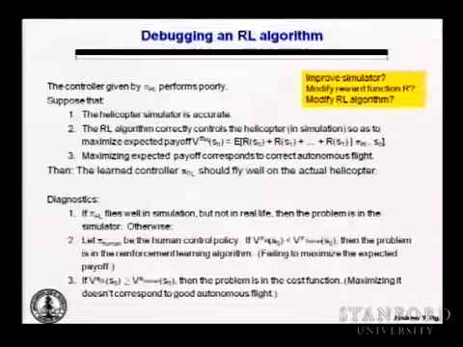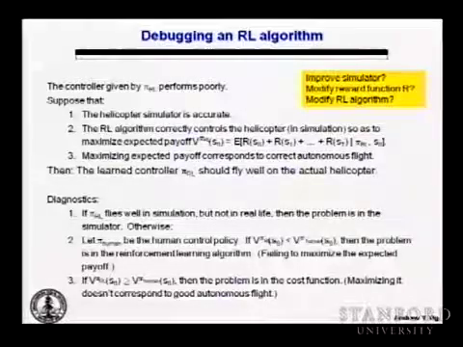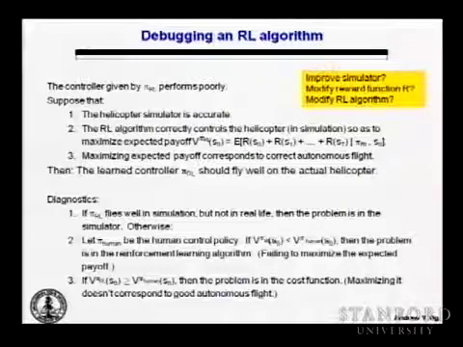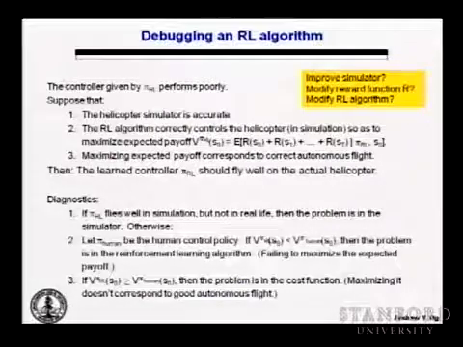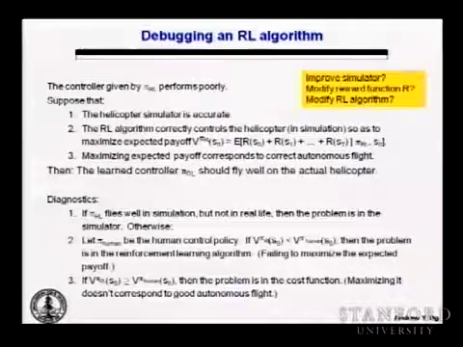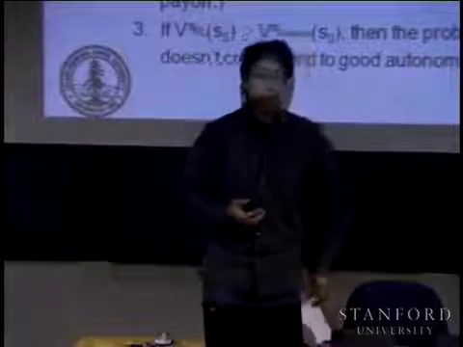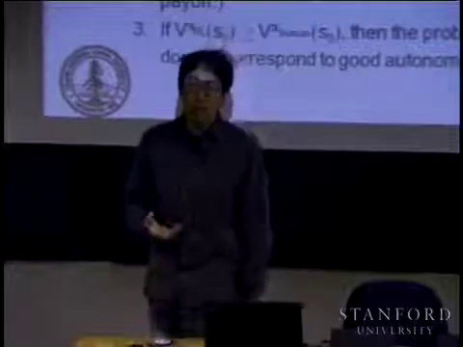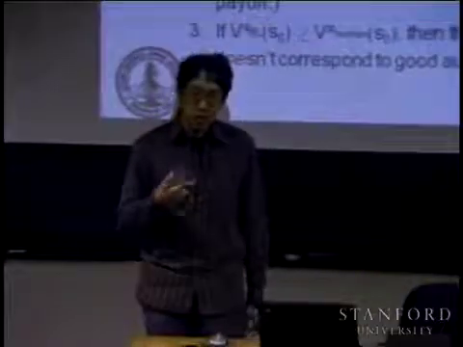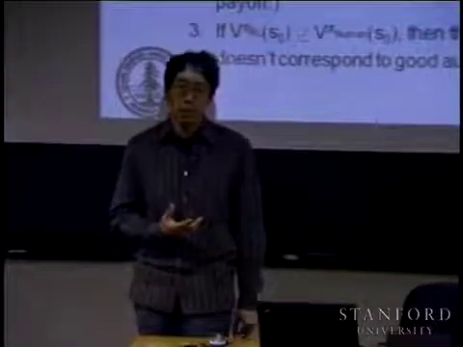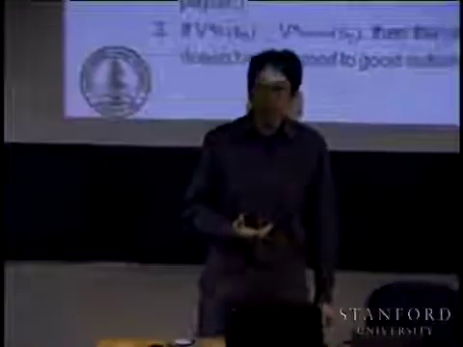That suggests that maximizing the sum of rewards does not correspond to very good autonomous flight. So the problem is in your optimization objective, rather than in the algorithm that's trying to maximize it, and you might change your reward function.